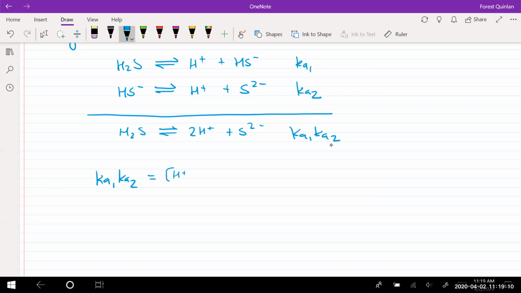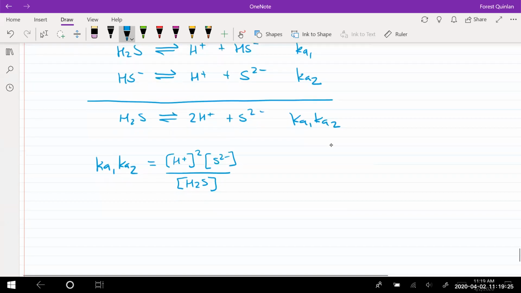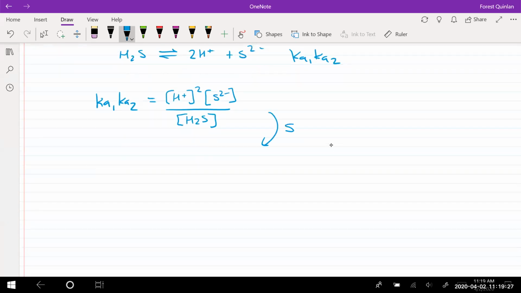Is equal to the concentration of H plus squared times the concentration of S2 minus all over the concentration of H2S. What if we solve this for S2 minus?